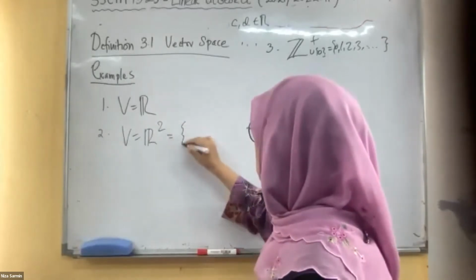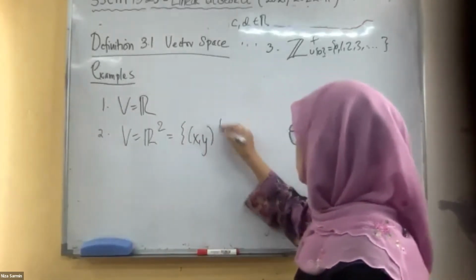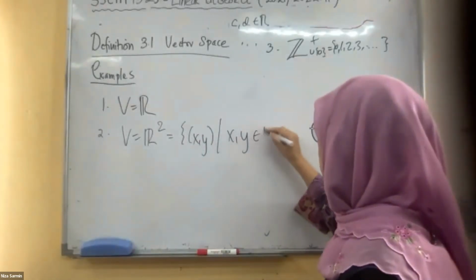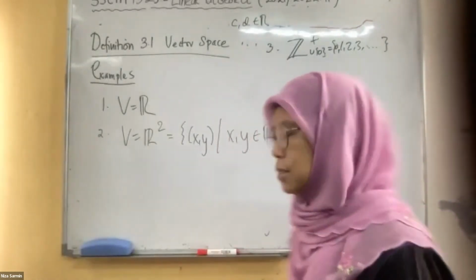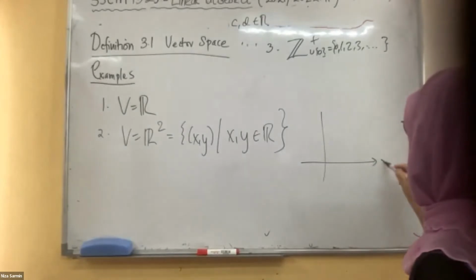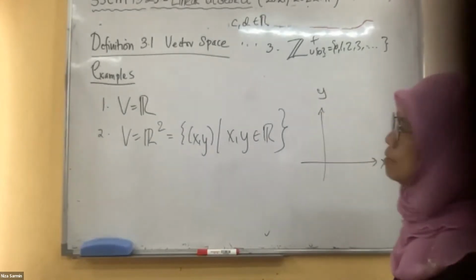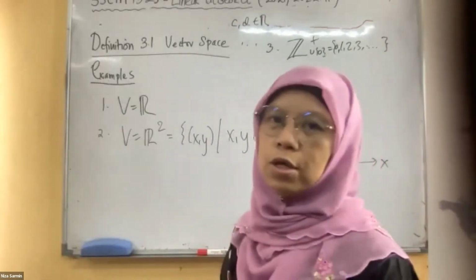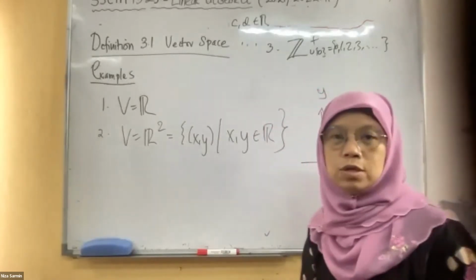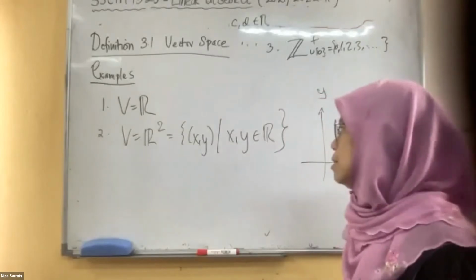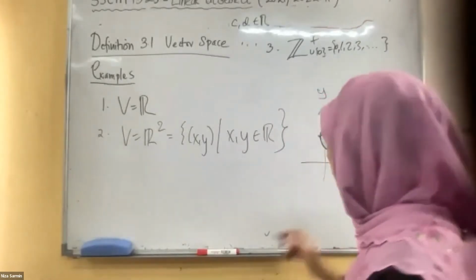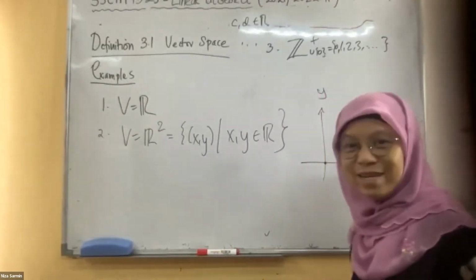The second one is R2. R2 is a pair X and Y, this is the XY axis. So any XY, you add another XY, it will also be in R2. And the 0 will be (0, 0), right?